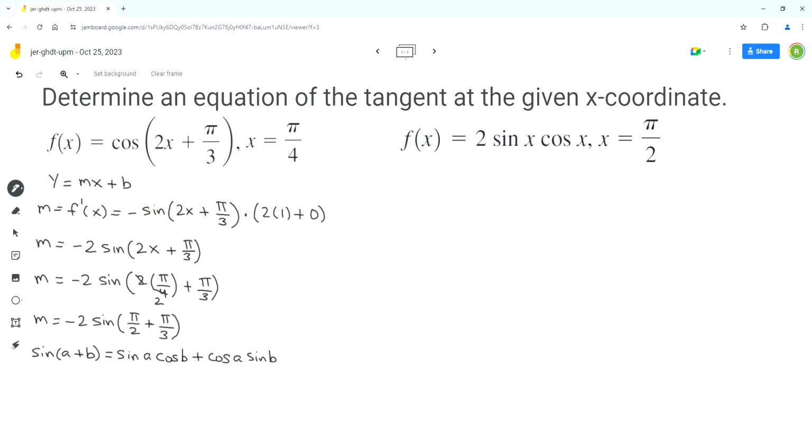In our expression, a is pi over 2 and b is pi over 3. So this is the expanded expression, and now we can sub in the values for the sine and cos terms.